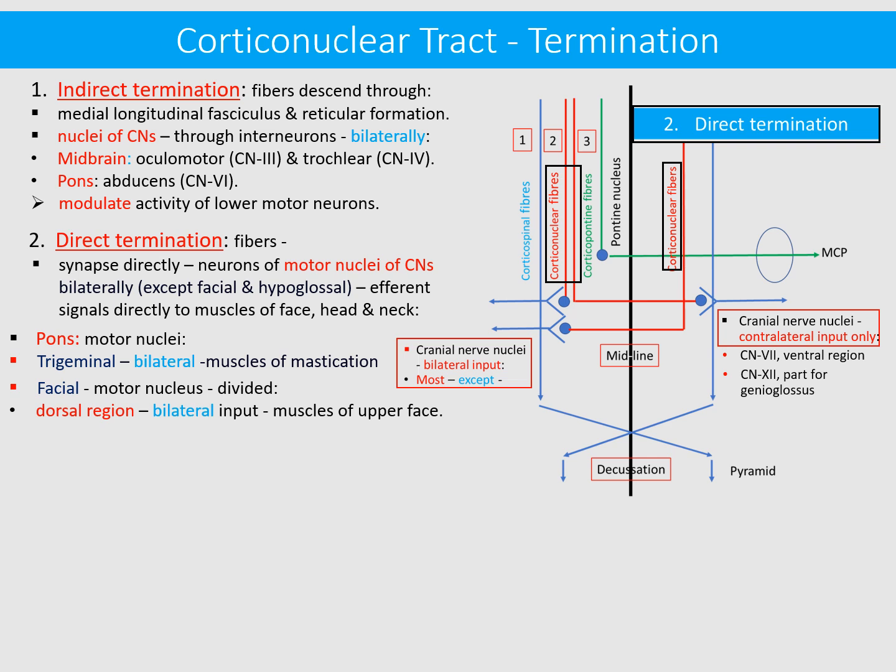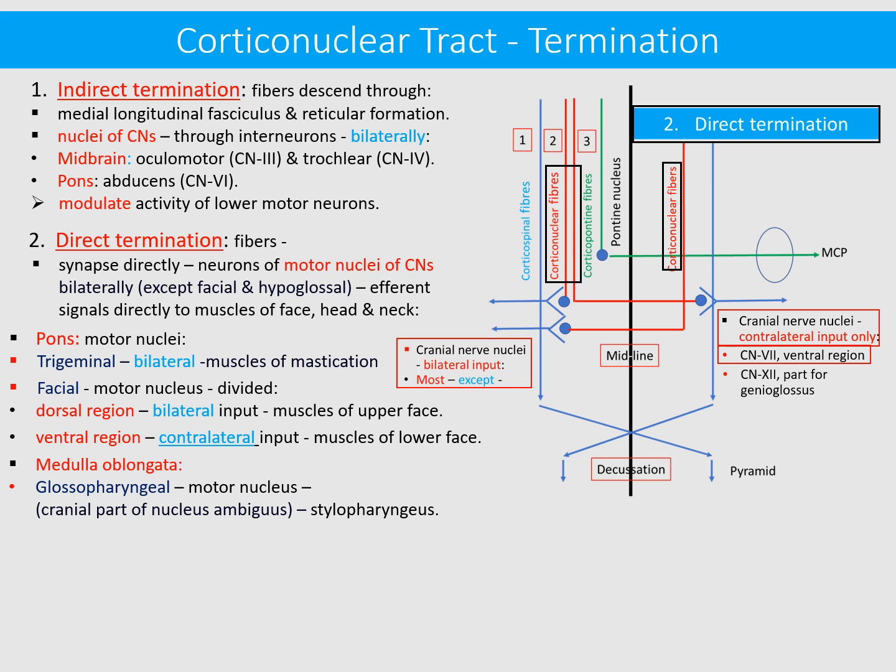Second nerve is facial nerve, whose motor nucleus is divided into two parts: a dorsal region which receives bilateral input and innervates the muscles of upper face, and a smaller ventral region or part which receives contralateral input and innervates the muscles of the lower face.